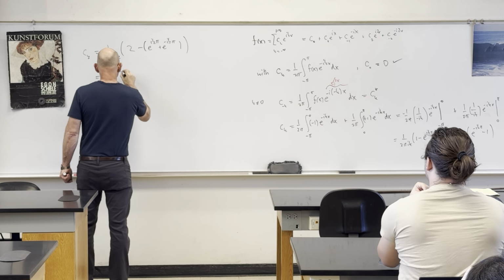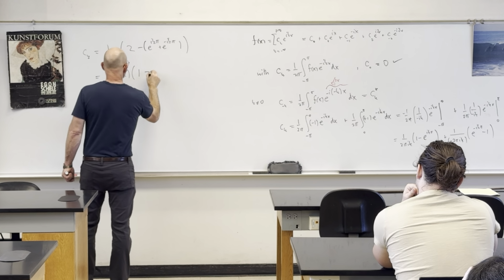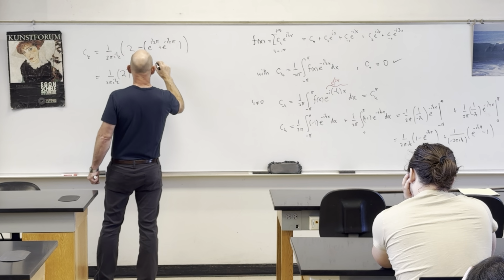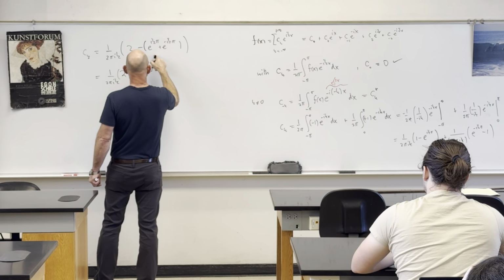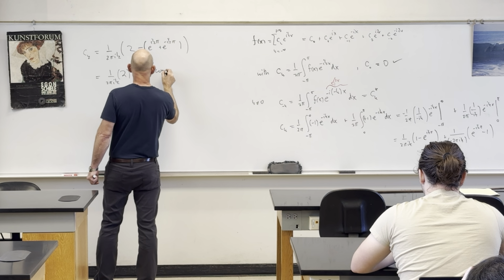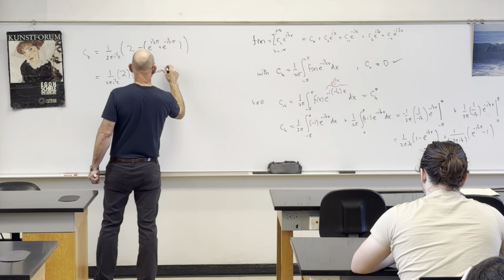I can even factor a 2 out, 1 minus, factor a 2 out, 2 over 2 cosine i k pi.